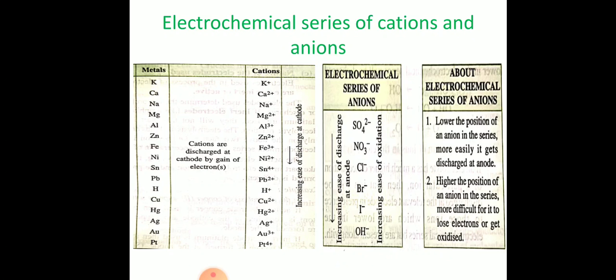Say for example, if you have got sulfate and hydroxyl ion, out of this, OH minus will get more preference to discharge at the anode rather than sulfate. So just keep this table in your mind, or you can make a note of this table in your notes.